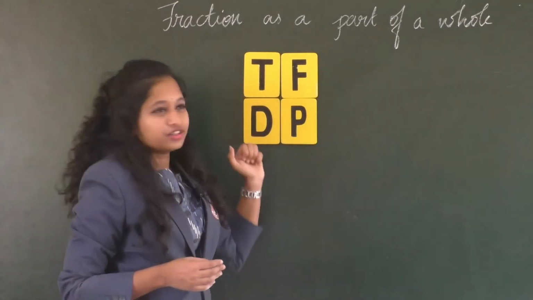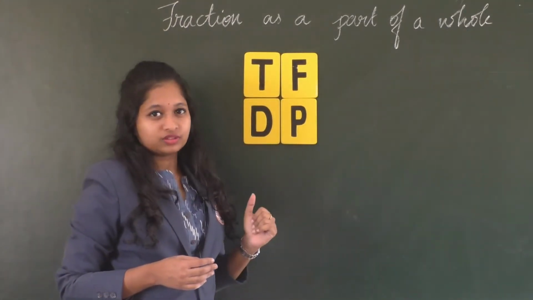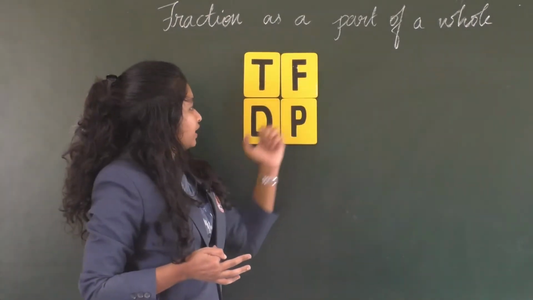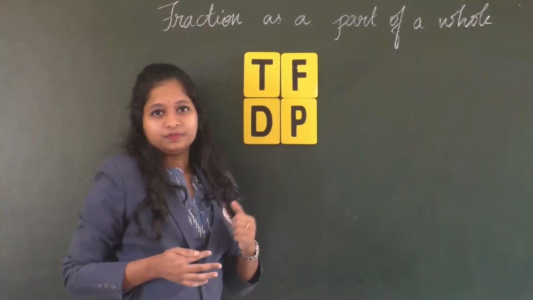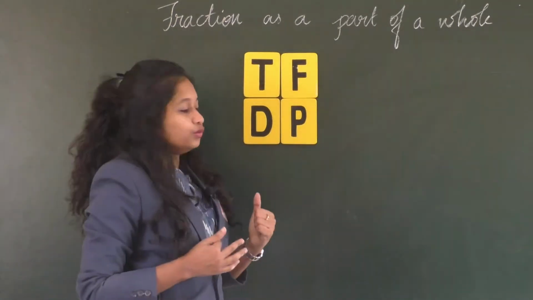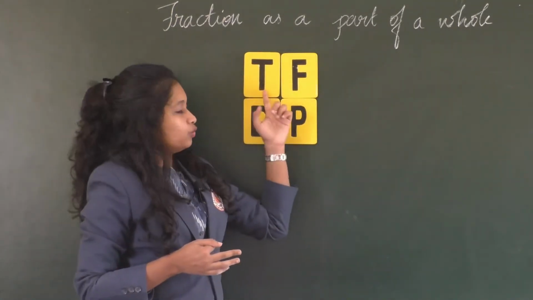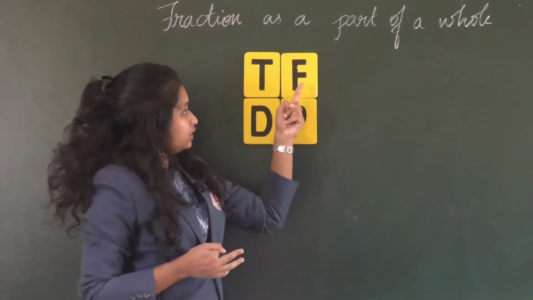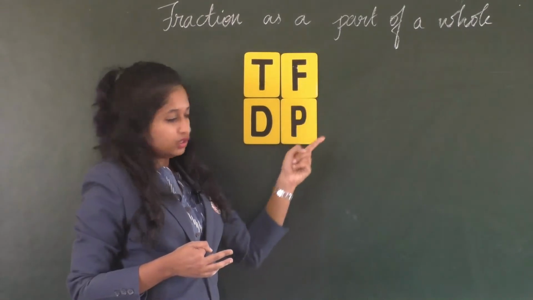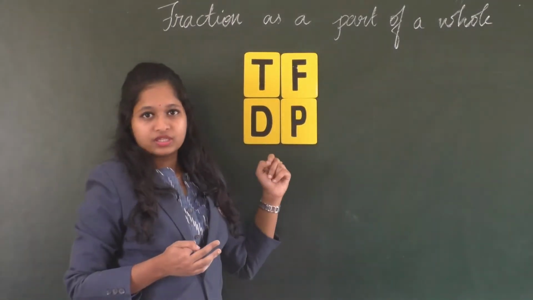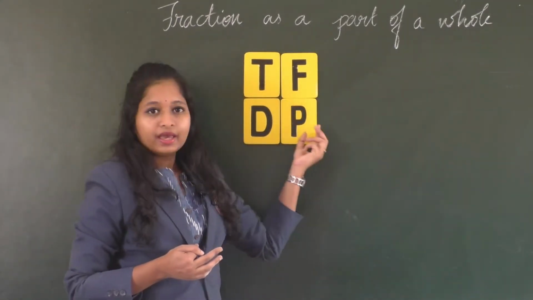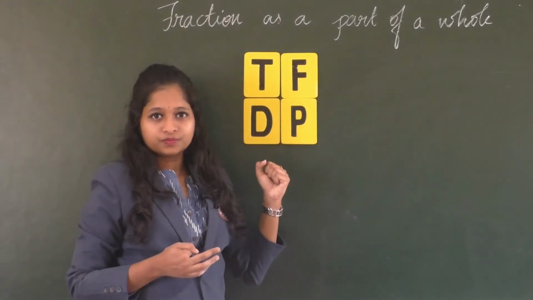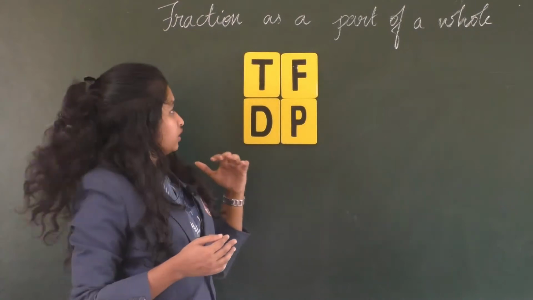Here you see 4 blocks, isn't it? Some alphabets are written: T, F, D, P. So this is 1 out of these 4. This F is 1 out of these 4. Similarly, D and P is 1 out of these 4.